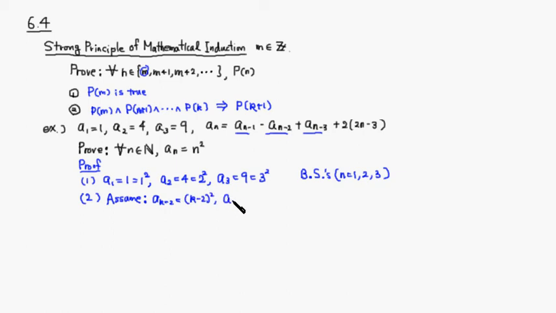And we can also assume a_(k-1) is (k-1) squared. And also a_k is k squared. So these are the induction hypotheses: n equals k-2, n equals k-1, and n equals k.